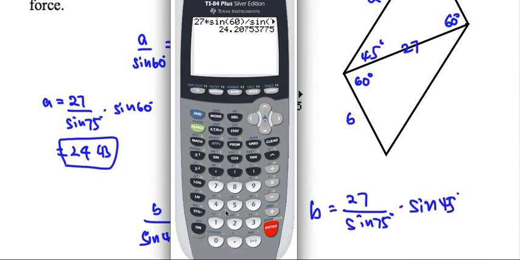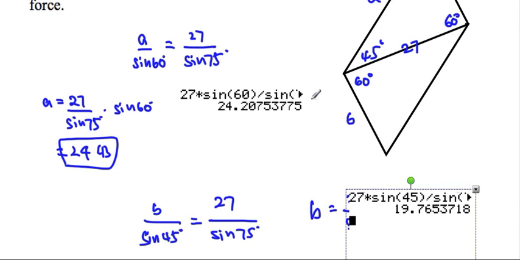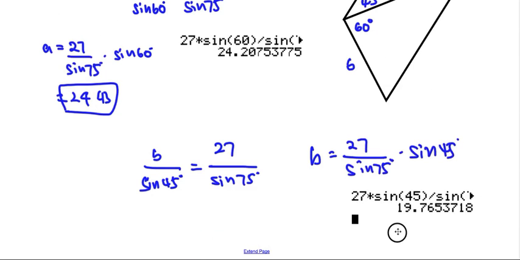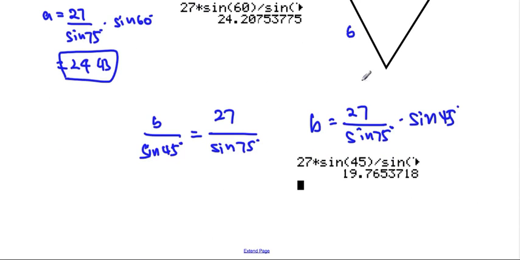So 27 times sine of 45, divided by sine of 75. That's 19.7 something, but they're looking for the nearest pound, so B is equal to 20 pounds. All right.